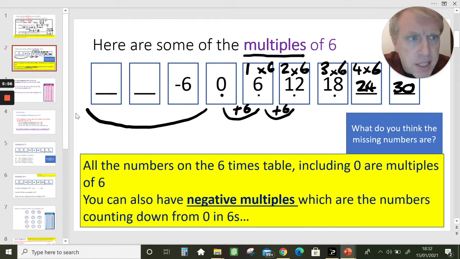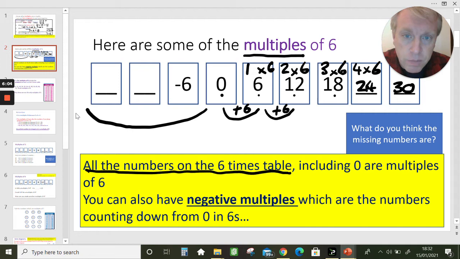So, let's say what we've learned so far. When we talk about the multiples of 6, all the numbers on the 6 times table, including 0, are multiples of 6. Remember, 0 times 6 is 0.